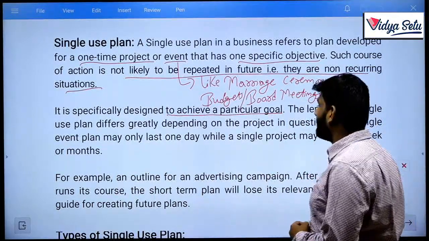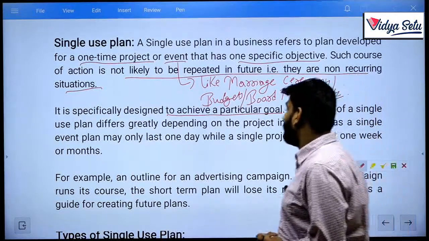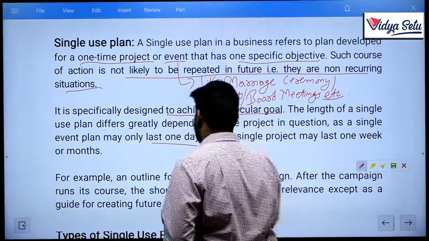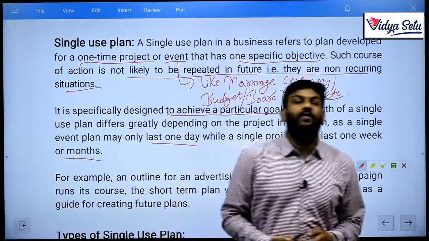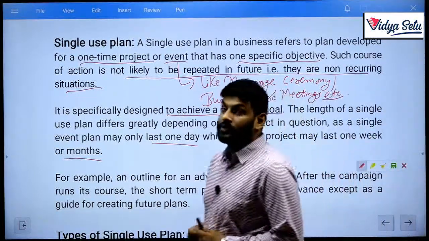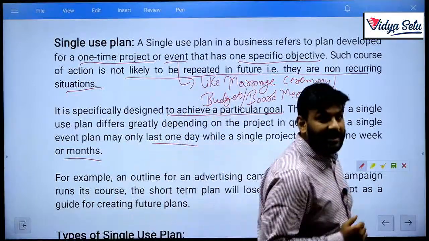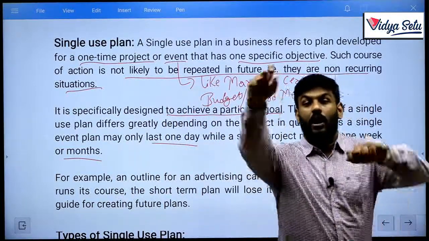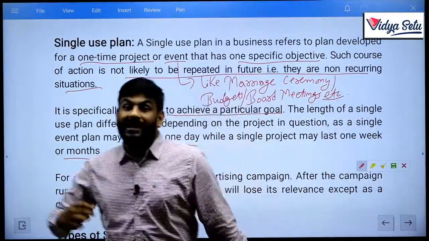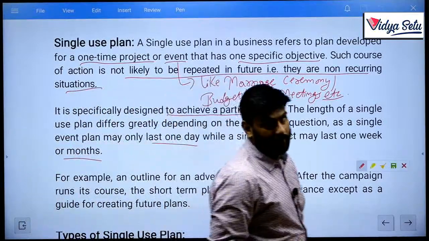The length of a single use plan differs greatly depending on the project in question, as a single event plan may only last one day, while a single project may last a week or months. You can't define the tenure of single use plans. You can't say this plan is applicable for a day, a week, a month, or a year. No, my dear friends. Its tenure ends when your project or situation or task gets completed.